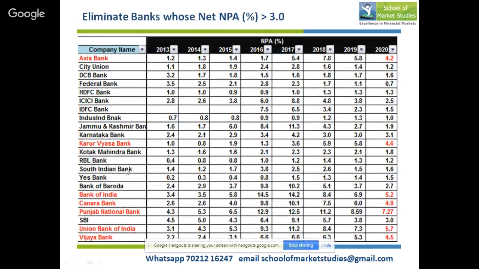So just for these two banks, if you notice, RBL Bank's NPAs, these are your gross NPAs, are maintained in the ratio of around 1.1, 1.4.